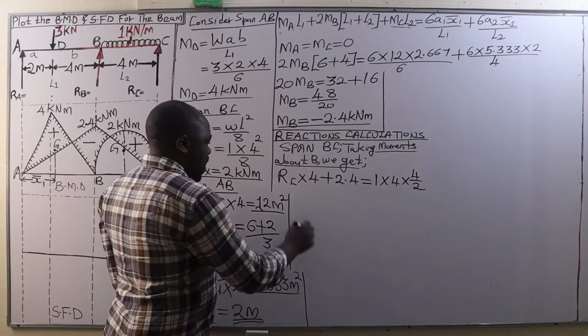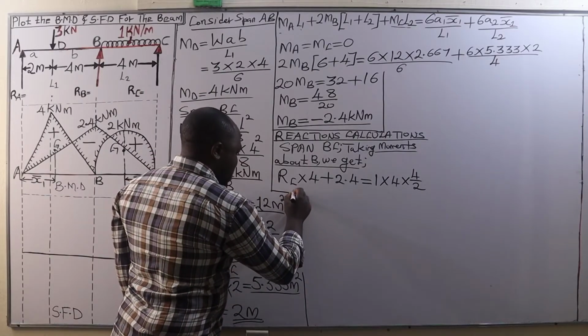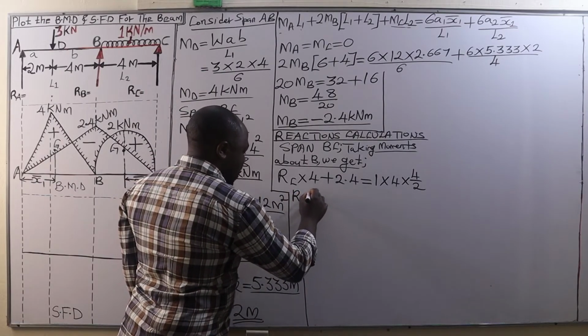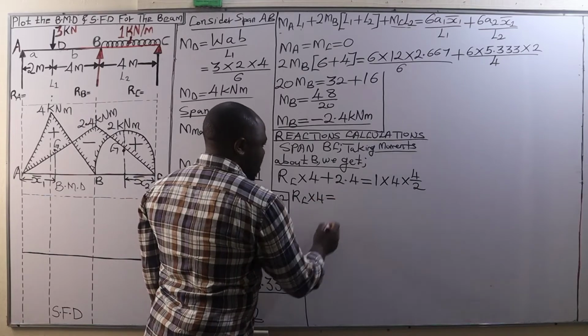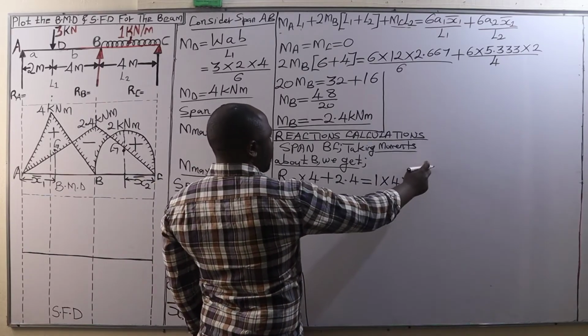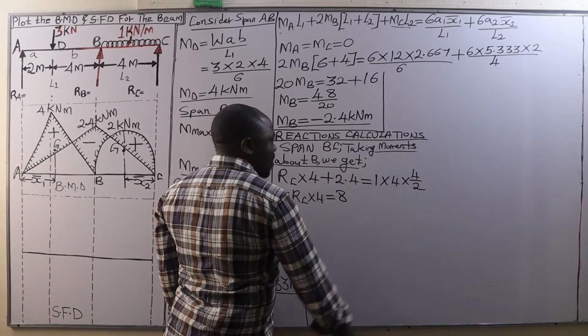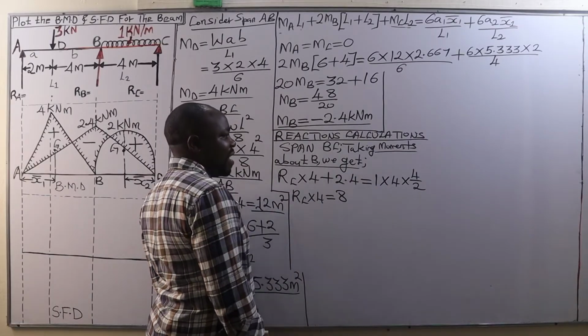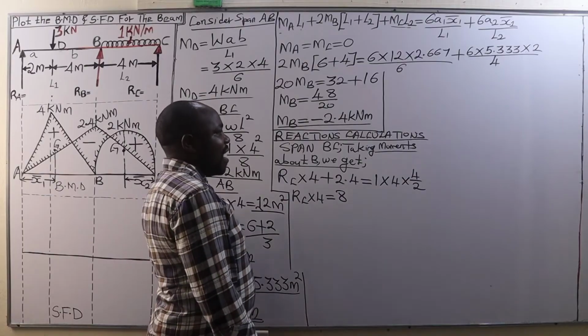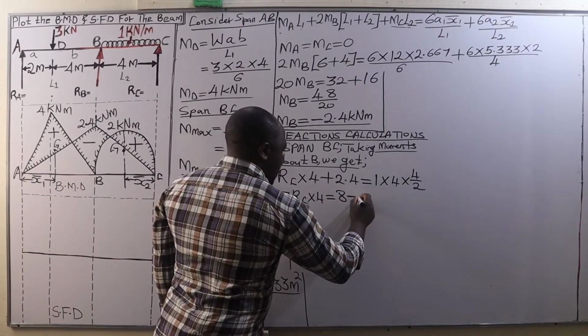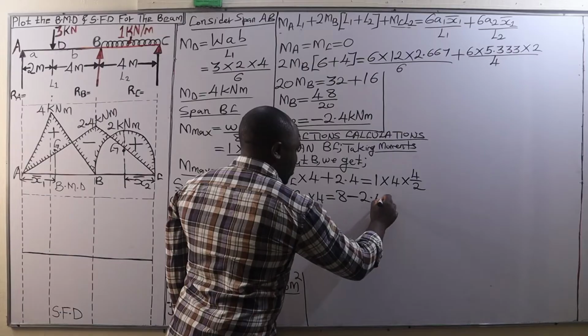4/2. Therefore, this is going to be RC times 4 being equal to 8. And then we take 2.4 to the other side of the equal sign, which is going to be minus 2.4.